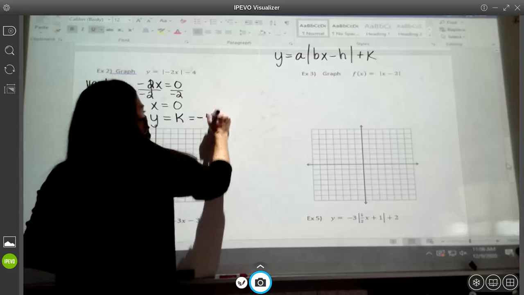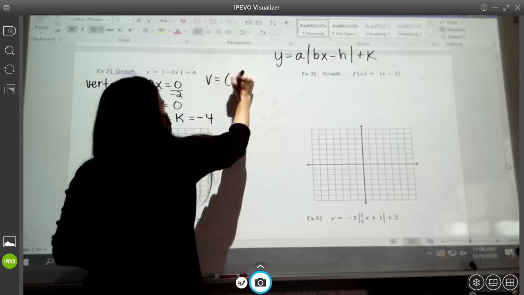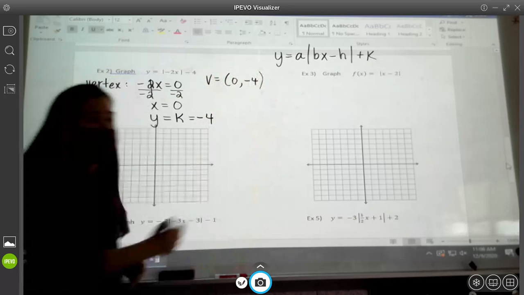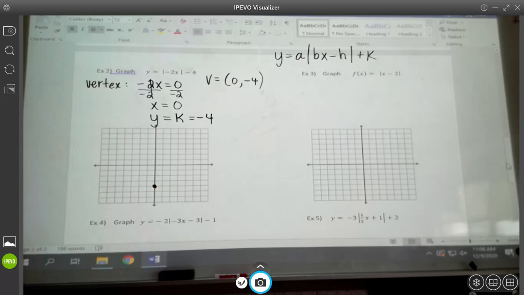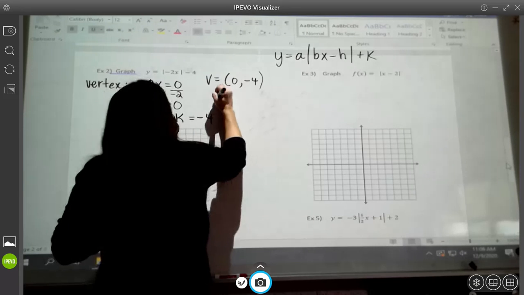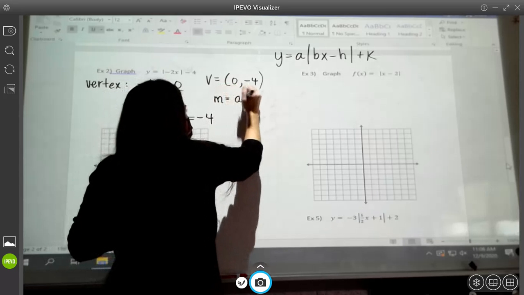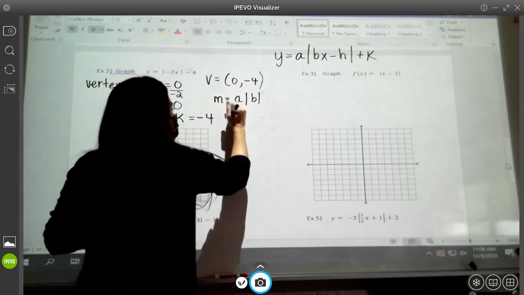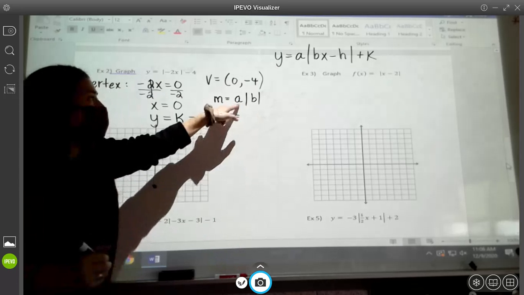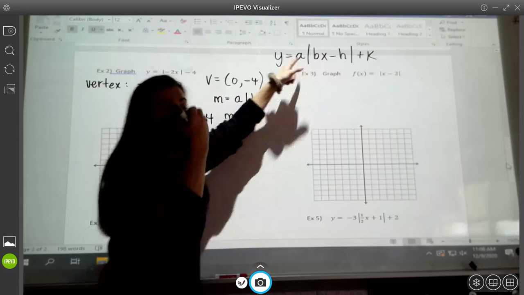Okay, now we're going to use our slope to move to the other points, but first we have to find slope. So m is always equal to a times the absolute value of b. So m will equal, well, who's a in this problem if a is the number in front of the bars? Guys, again, what number do you have to assume is in front of those bars? 1. It's not always going to be 1, it's just in the beginning when it's easy, it's 1 a lot. Times the absolute value of b.